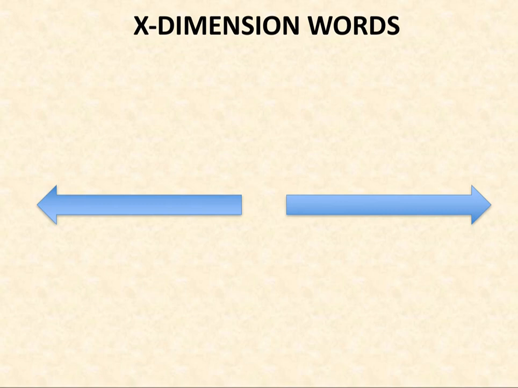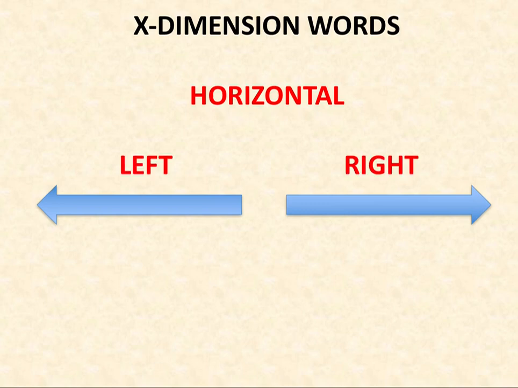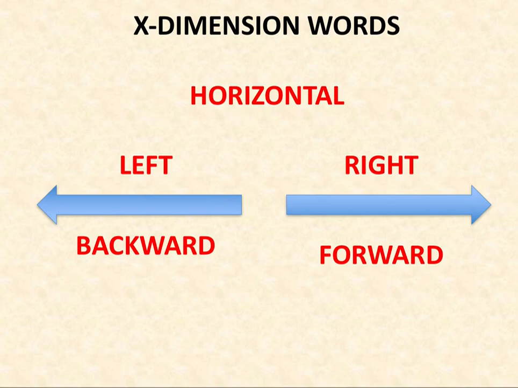Before we continue, let's talk about some of the words we use with each dimension. The main word in the x dimension is horizontal. When we talk about x dimension forces and such, we're talking about horizontal forces. The words that you want to watch for are left and right, and we will sometimes use the words backward and forward.